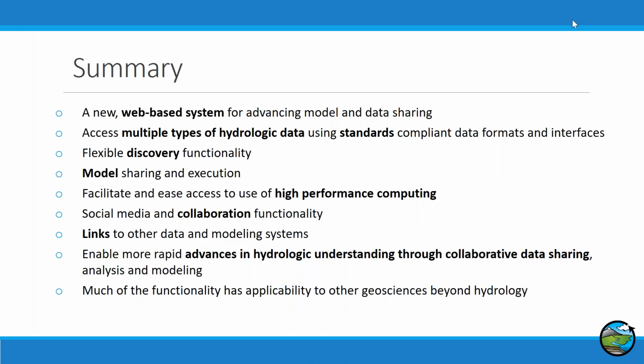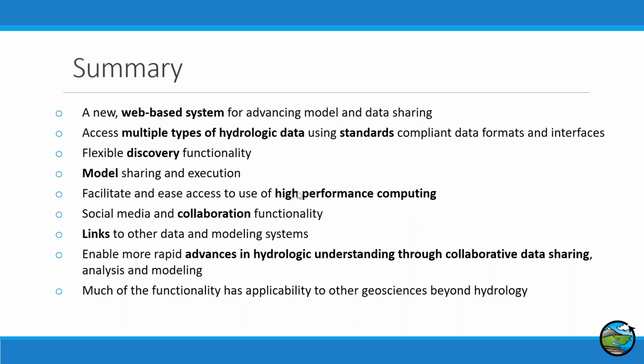So in summary, HydroShare is a new web-based system for advancing model and data sharing. It supports multiple types of data, hydrologic and otherwise, but it's primarily used for hydrologic data. Has a flexible discovery interface, supports model sharing and model execution via the apps.